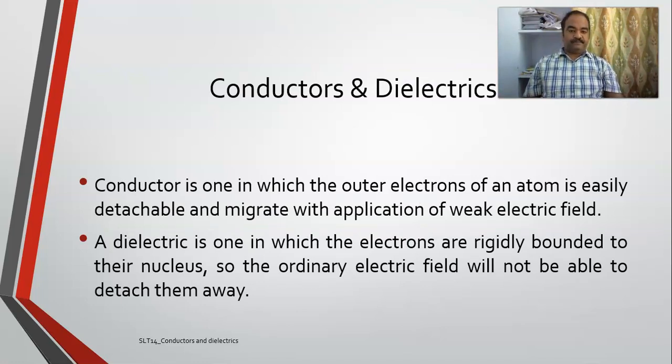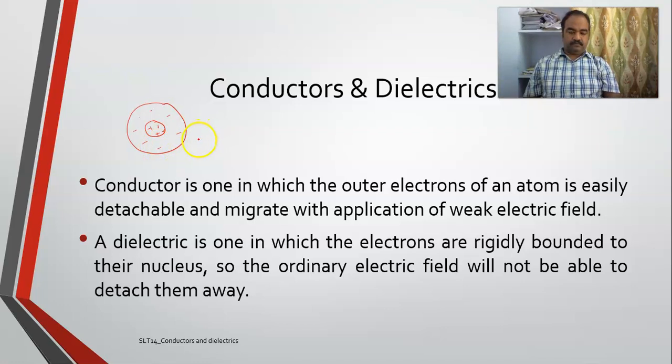Coming to the start, we'll go back to chemistry, where we know that any atom consists of a nucleus, which is positively charged and consists of protons and neutrons, and is very heavy compared to the electrons, which are light and revolve around the nucleus in certain orbits.